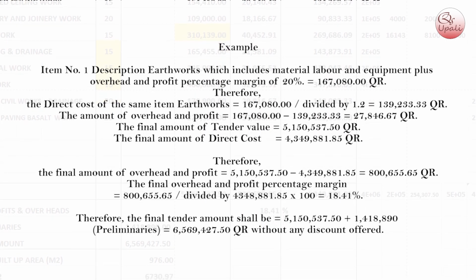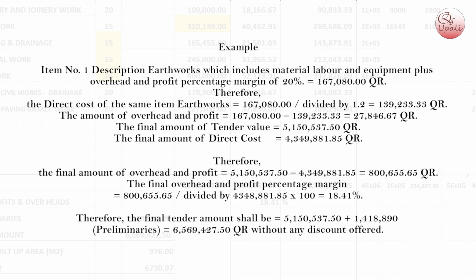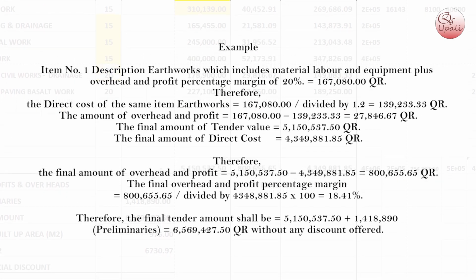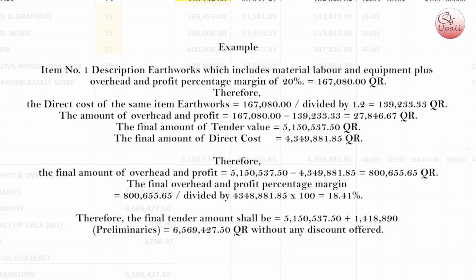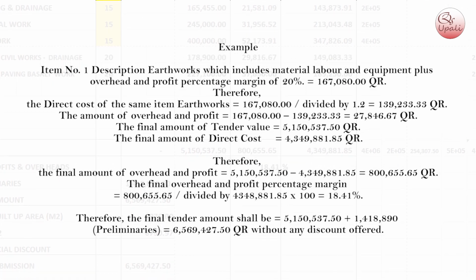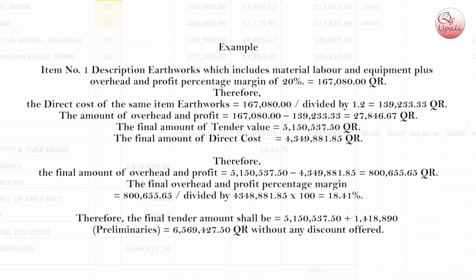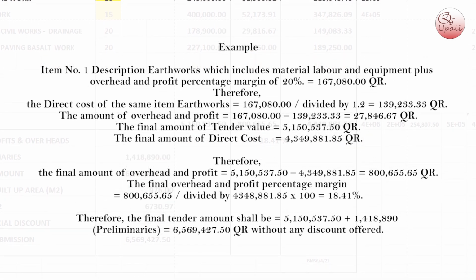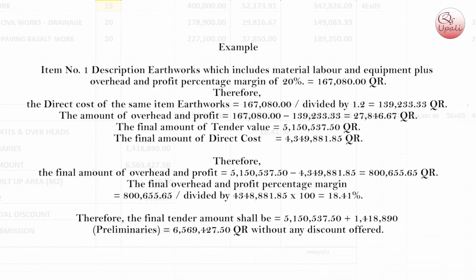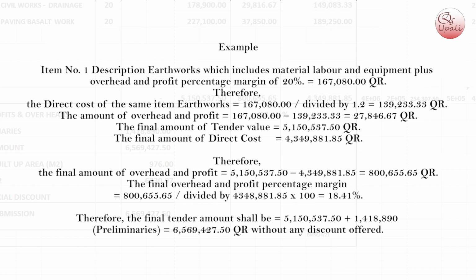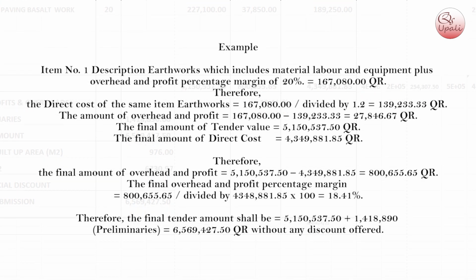The amount of overhead and profit equals 167,080 minus 139,233.33 equals 27,846.67 Qatar riyals.